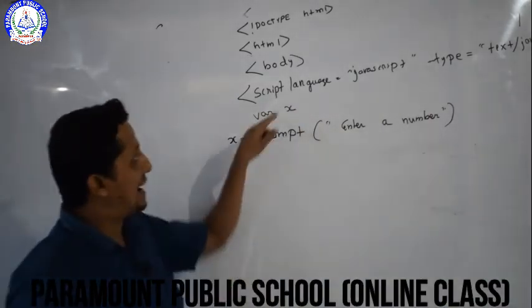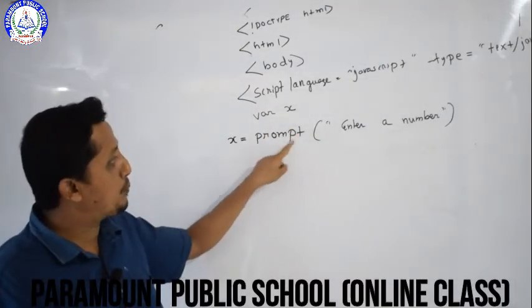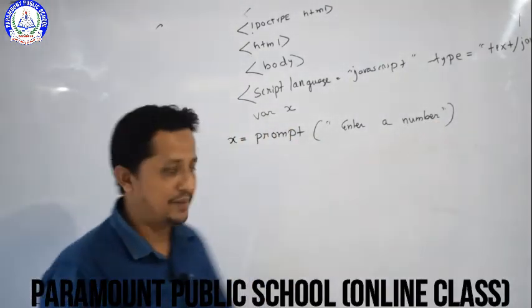Here I have declared a variable x. Then I am writing x = prompt("Enter a number").